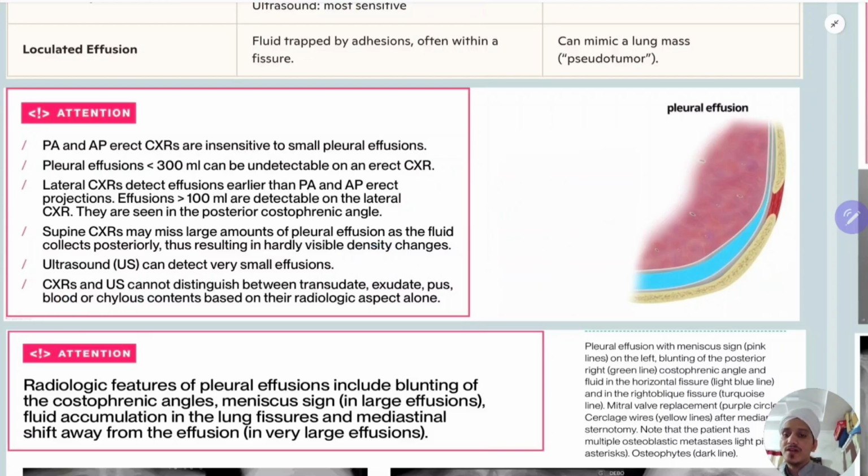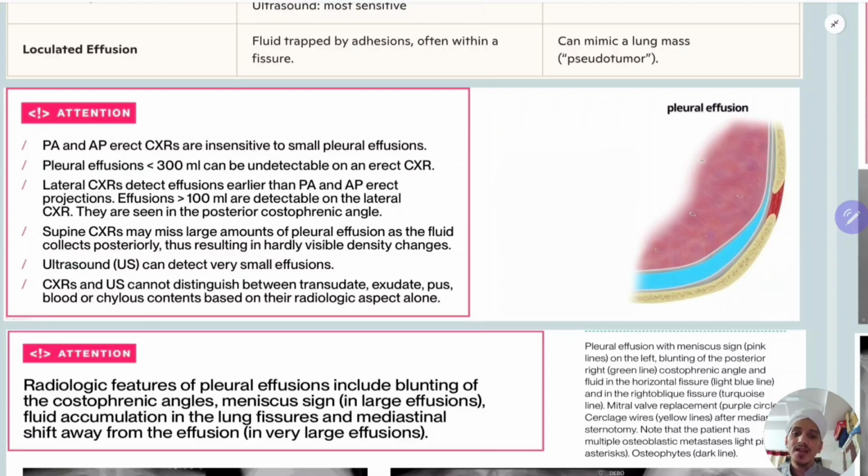Ultrasound is more sensitive than chest X-ray in detecting effusion, and in giving clues whether it is a transudate or exudate, whether there are loculations, and whether there are septa present in the pleural cavity. So whenever you do a chest X-ray for pleural cavity collection, you should also send for chest ultrasound.